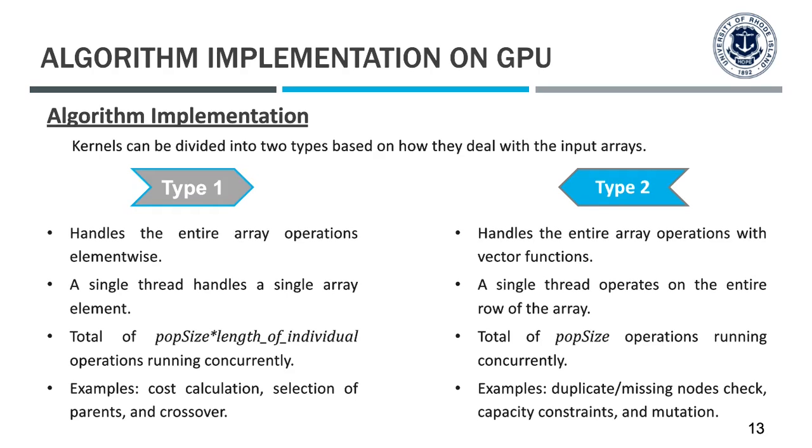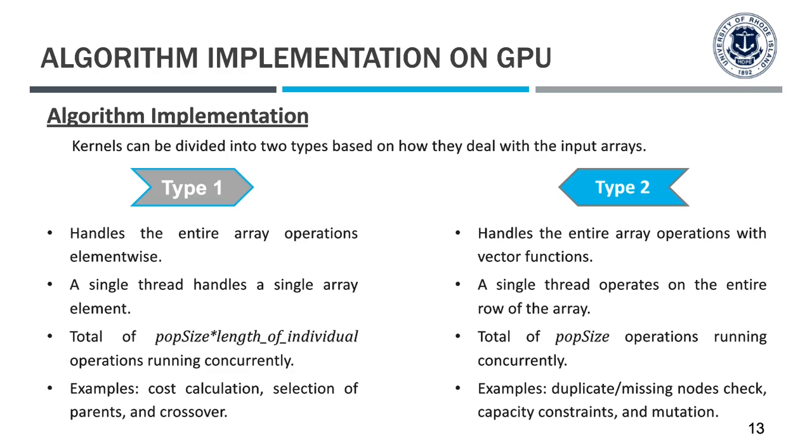The functions implemented on the GPU are called kernels and can be divided into two types based on how they deal with the input arrays. The first type handles the entire array operations element-wise, where a single thread handles a single array element. This leaves the total number of population size multiplied by length of individual operations running concurrently.